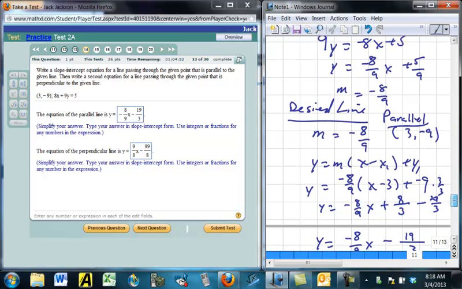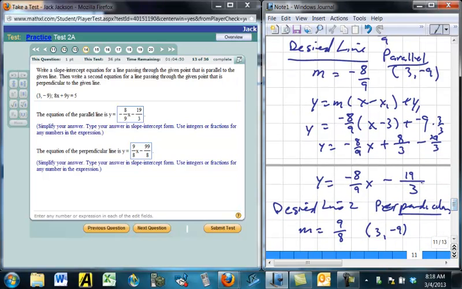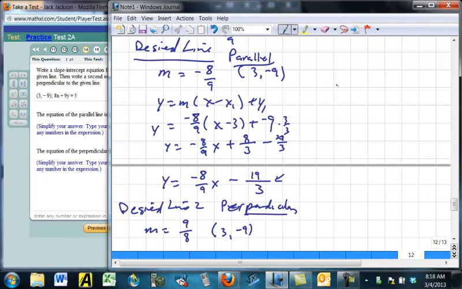Okay, and let's check this one right here to make sure it goes through that point as well. So y equals -8/9 times 3 minus 19/3, and y should be -9 here. Let's see.